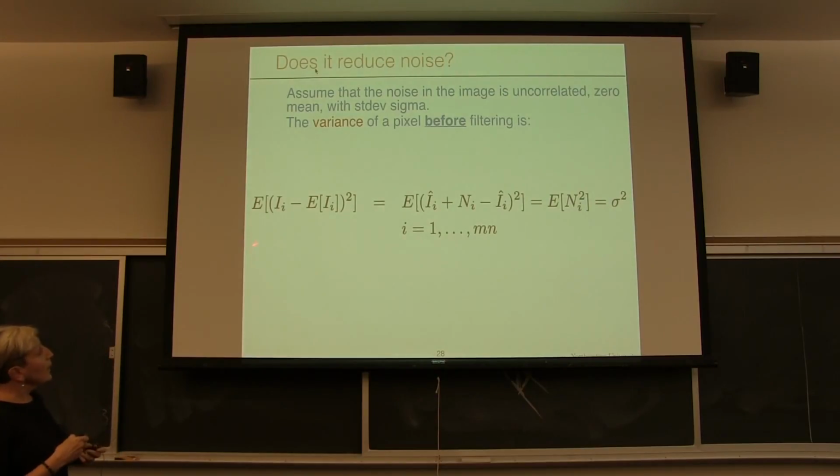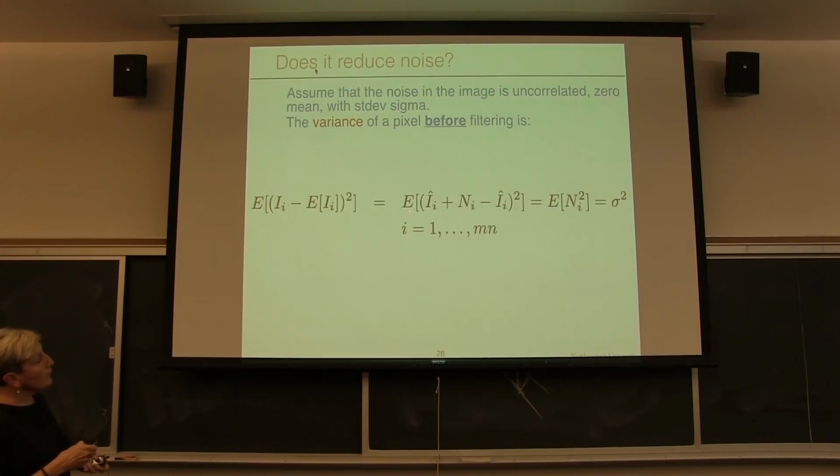But what I have here is the definition again of variance. So I have the expected value of the square of the difference between the pixel value and its expected value. Now replace I by our model, which is I hat plus noise. And for the expected value, I have I hat, because the noise has expected value 0.